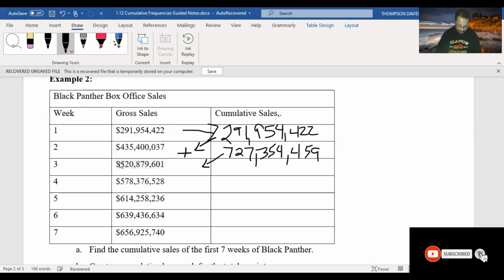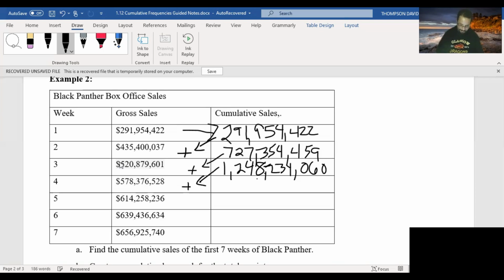Now for week 3, we're going to add in the 520 million. So we'll take our previous total and add in 520 million, 879,601, for a running total as of week 3 of 1,248,060,... So as of week 3, it's broken $1 billion.